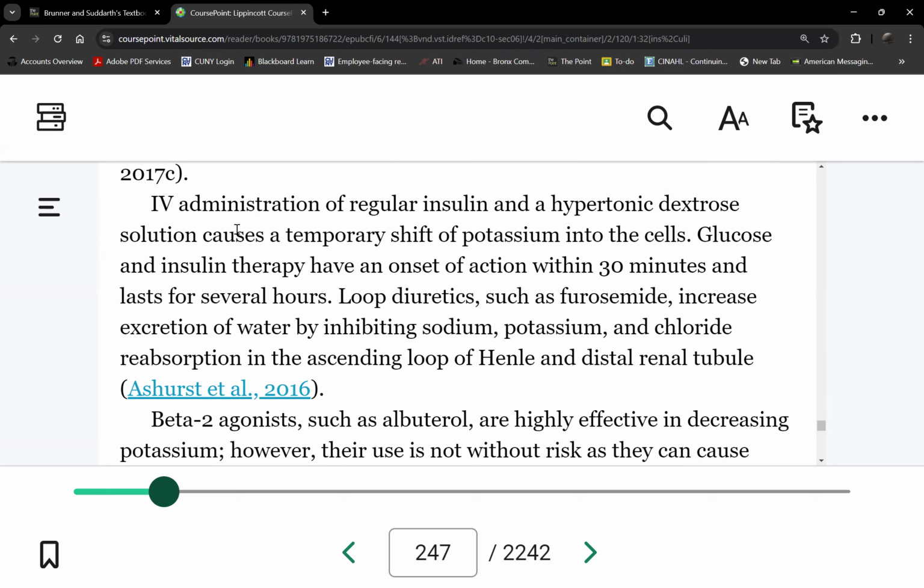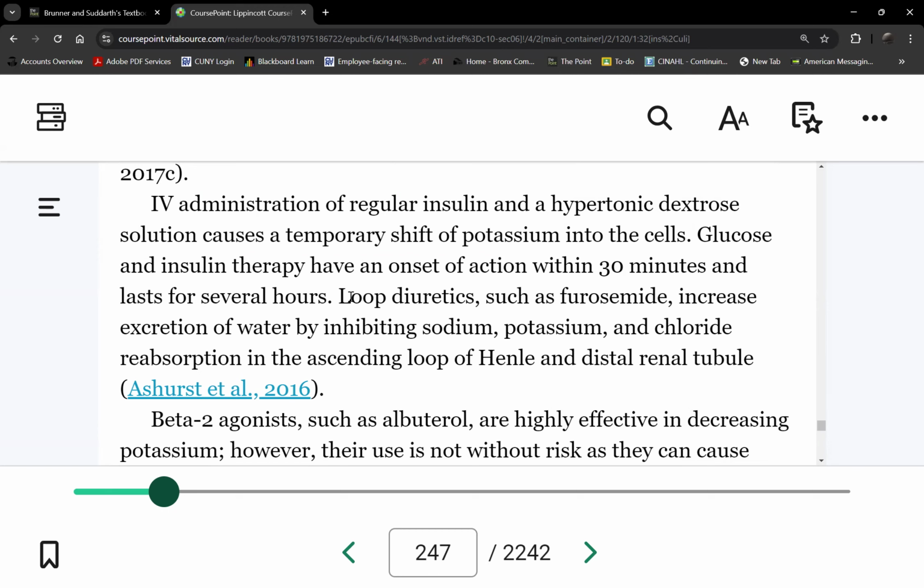So you save the patient from hyperkalemia, but you kill them with hypoglycemia. Therefore, you have to give dextrose with it. Are we clear? Okay, so it's in one solution, one syringe. You combine both and push IV regular insulin with dextrose. That way you shift potassium without dropping the glucose.